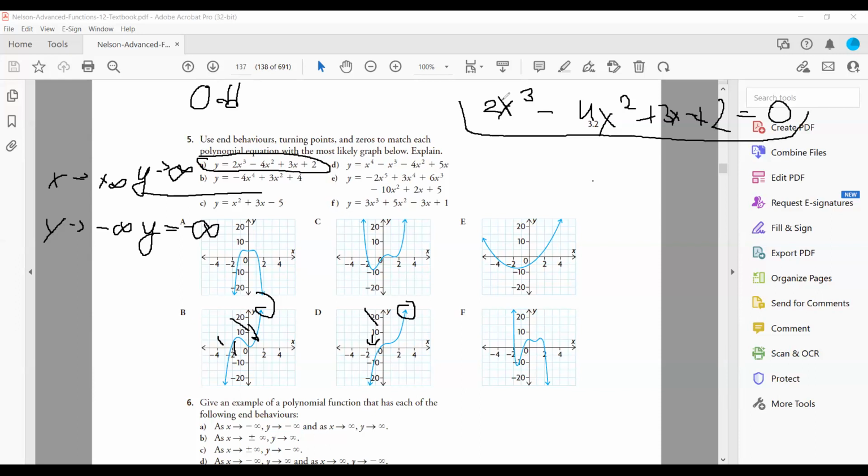Yes, absolutely right. Root would be the x-intercept of this graph. So once you find the root, we would know whether it's B or D graph that corresponds to this function. Because you see, function D passes somewhere from 0 to -1, while function B passes in a range from -4 to -2.